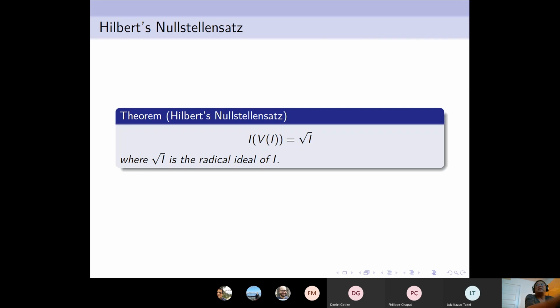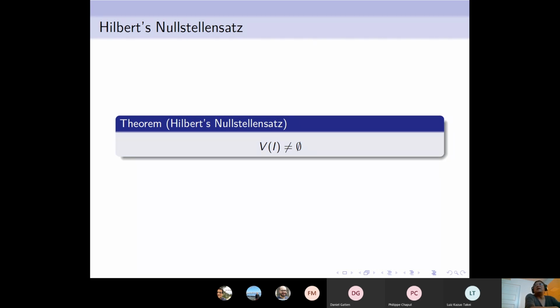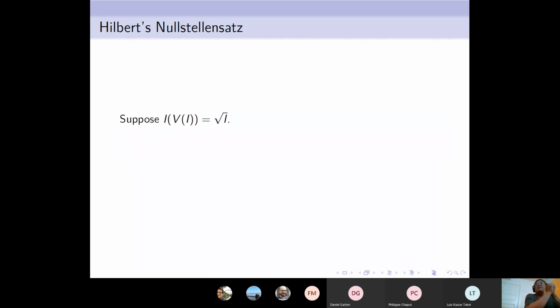Let me briefly give the proof of why they are equivalent. Suppose I(V(I)) is the radical of I, and V(I) is the empty set, which means there's no common root. Then I(V(I)) will be I of the empty set, which is the entire ring itself.